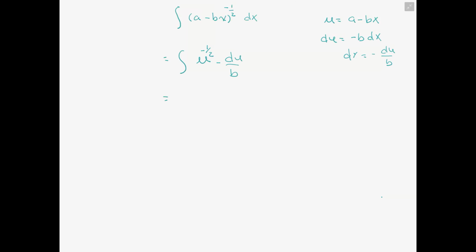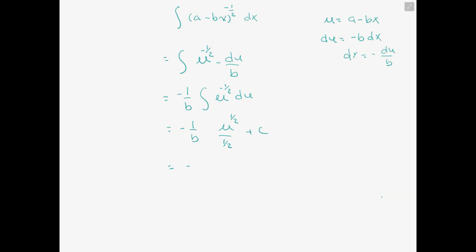So this is equal to u to the minus 1/2 du on b and negative. And this is minus 1 on b, u to the minus 1/2 du.